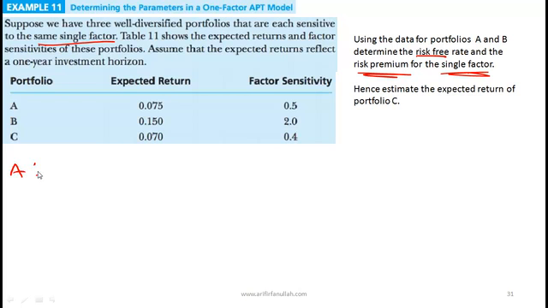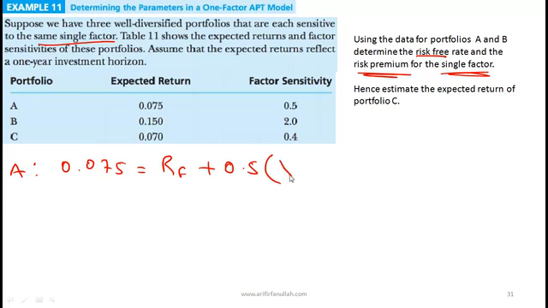For portfolio A, the expected return is 0.075. That's equal to the risk-free rate plus the beta, or the sensitivity, 0.5, times the risk premium.